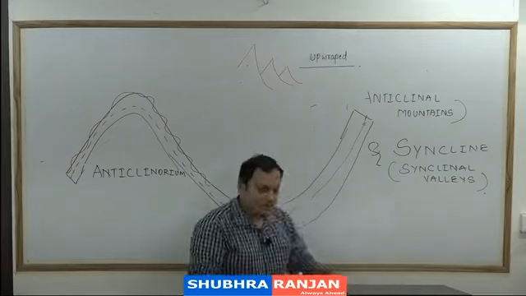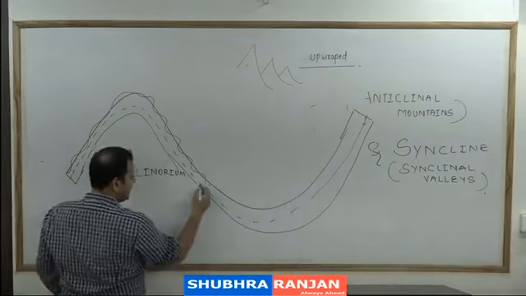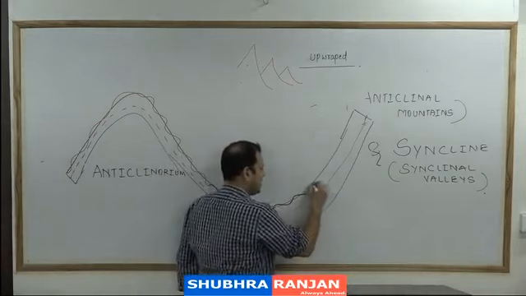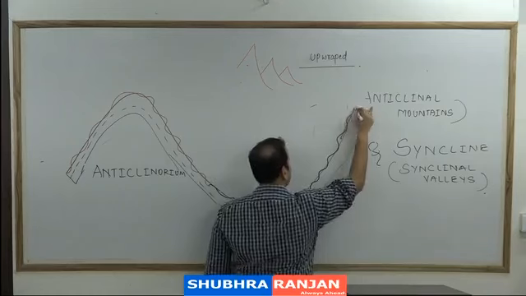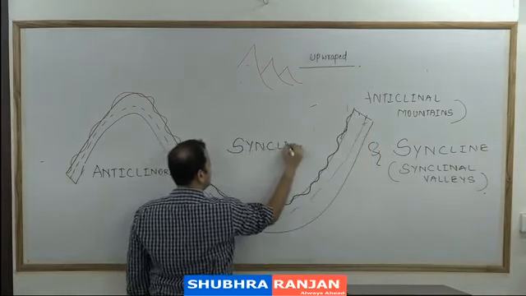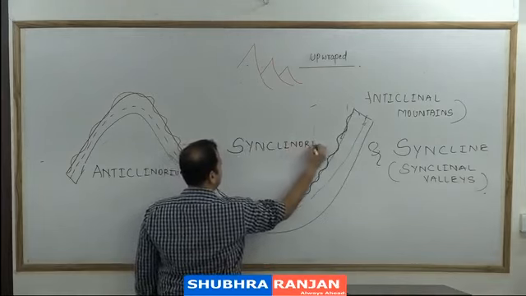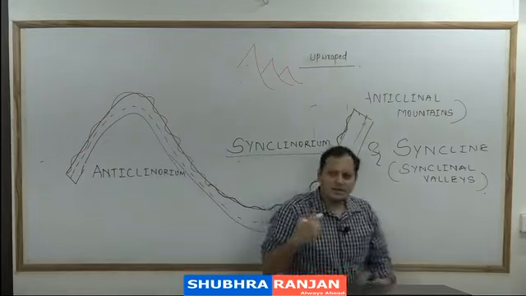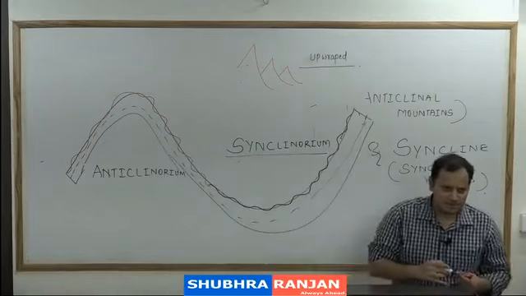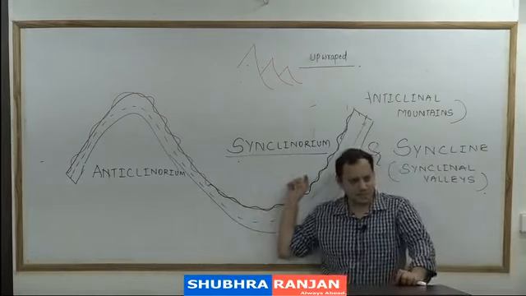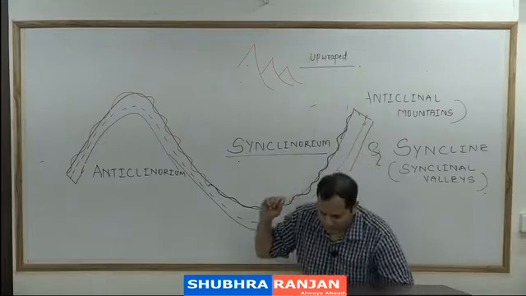तो सिंक्लोनियम क्या होगा? On a single syncline there will be more than one anticline and syncline, and we will call this as synclinorium. क्या है ये? सिंगुलर वर्सेस प्लूरल फॉर्म, नथिंग एल्स. Anticline, anticlinorium. Syncline, synclinorium. So you take down.